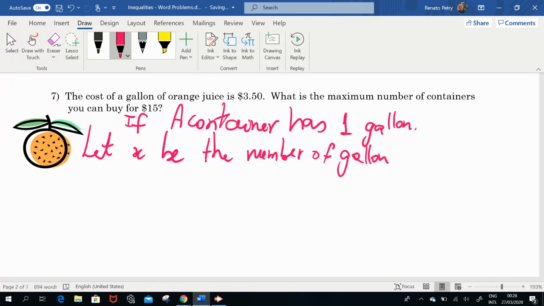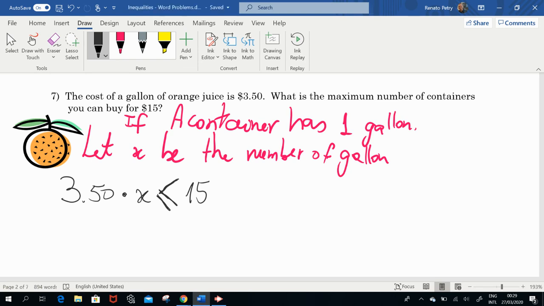Then I can write my inequality as 3.50 times the number of gallons, because 3.50 is the cost for each gallon. The maximum number of gallons you can buy is for $15. So this has to be less than or equal to 15, because I can't spend more than $15.